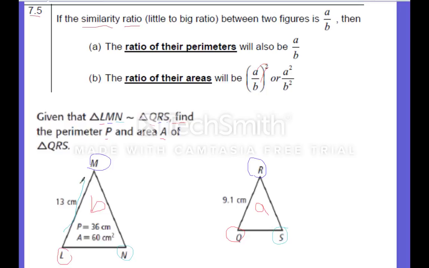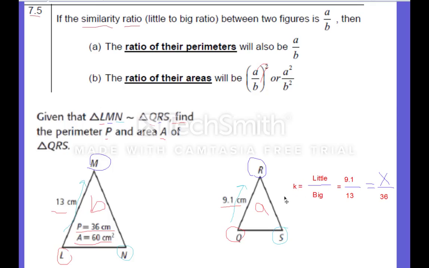LM is the same as QR, because they have the red to blue, red to blue. We've been given some matching sides, so this 9.1 and this 13 are somehow a ratio of each other.